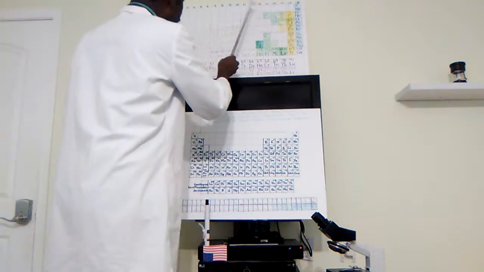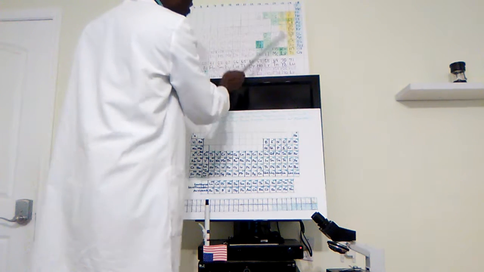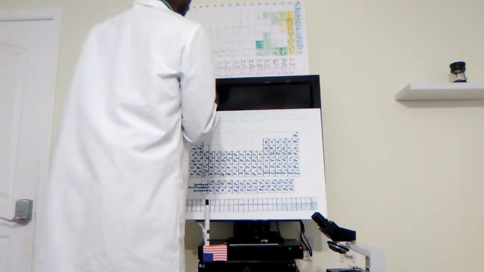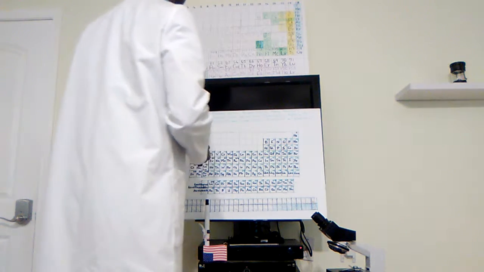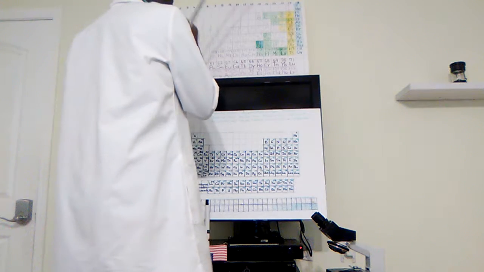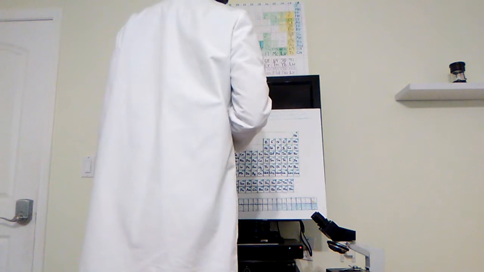Also, if you draw the imaginary diagonal across here from boron coming down, what you'll have to the left of the diagonal would be what we call the metals, and to the right would be non-metals. But we have exceptions to that rule. Some of these over here have more non-metallic properties, and the non-metals also have elements that have metallic properties.